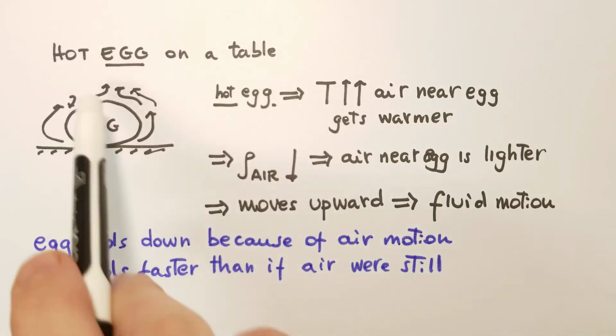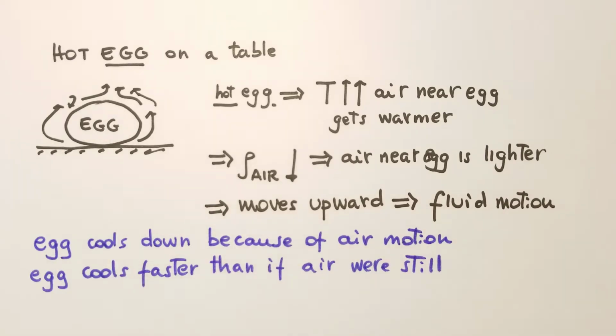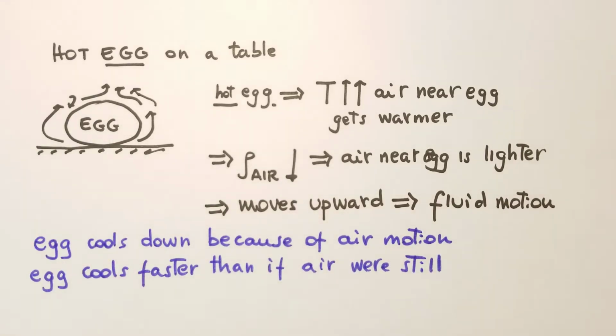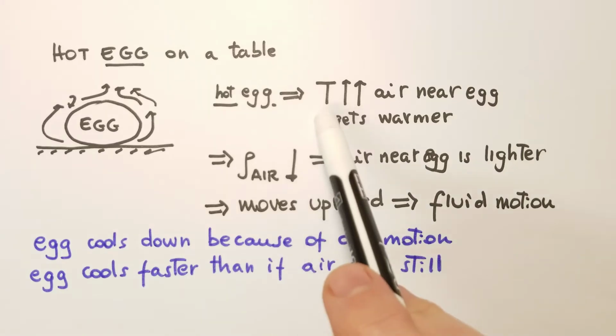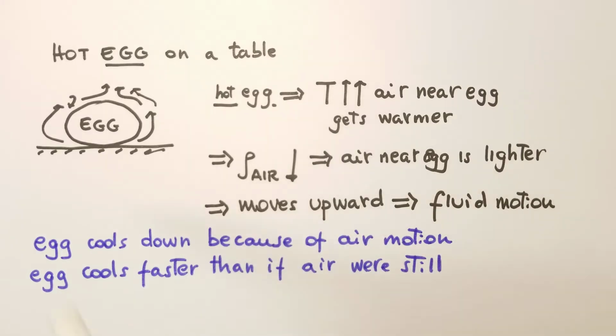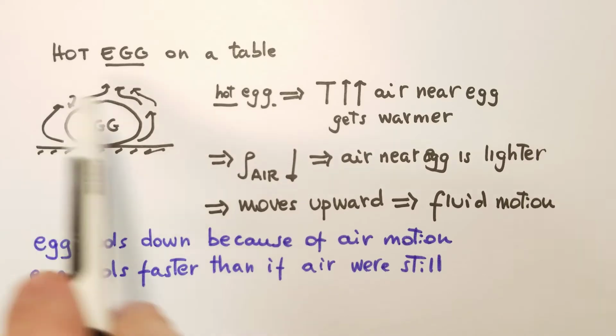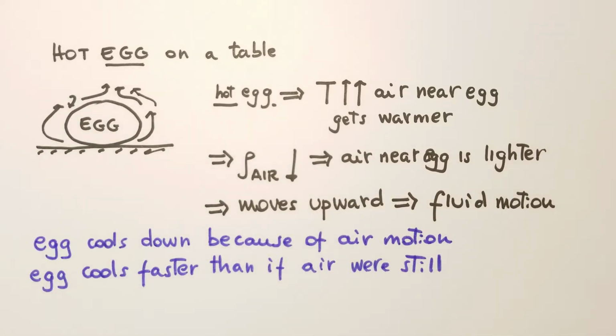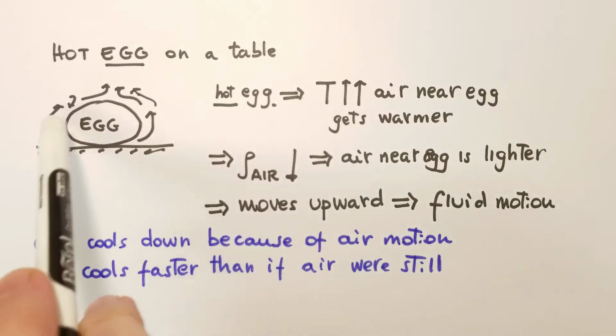Since the surface of the egg is quite hot compared to the environment, the temperature of the air around the egg gets warmer. And since the temperature increases, the density of air around the egg decreases. Therefore, the air around the egg gets lighter, and it starts moving upward.